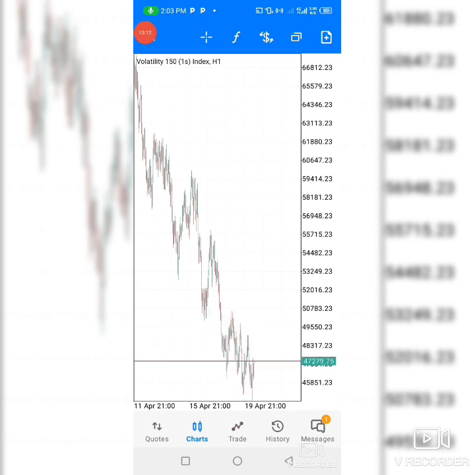If peradventure your stop loss is hit, it means that the signal is wrong. Then what will you do? You repeat your analysis.